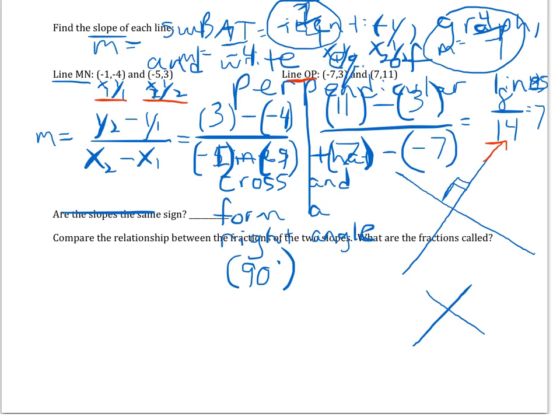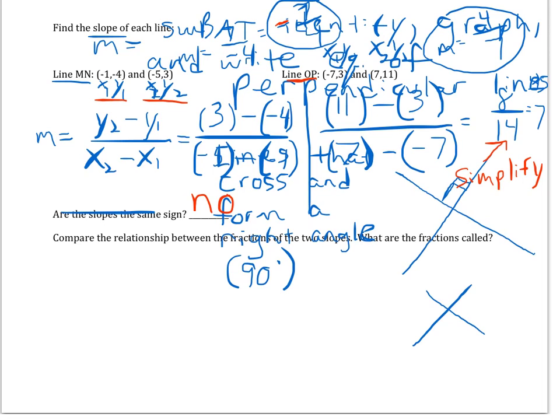Now, the key to this, if you left your answer as 8/14, you need to write a big note, maybe with a pen, that you always have to see if you can simplify slopes. You cannot leave 8/14. Okay, so first question, are the slopes the same sign? The answer, no. Clearly this one's a negative, this one's a positive.